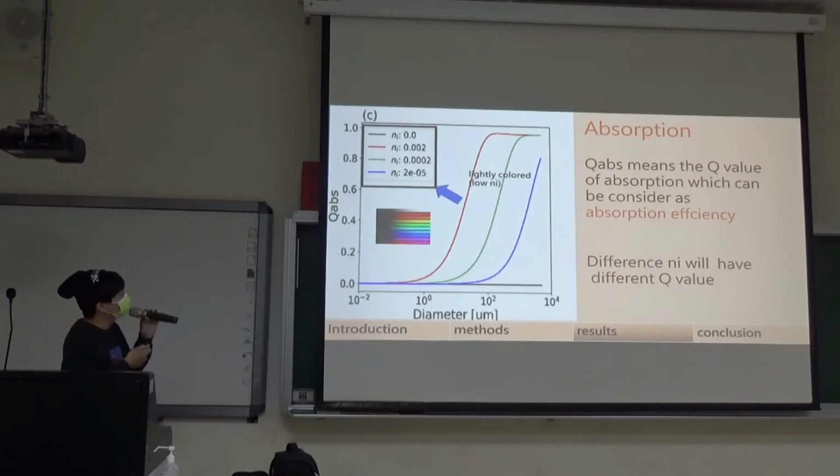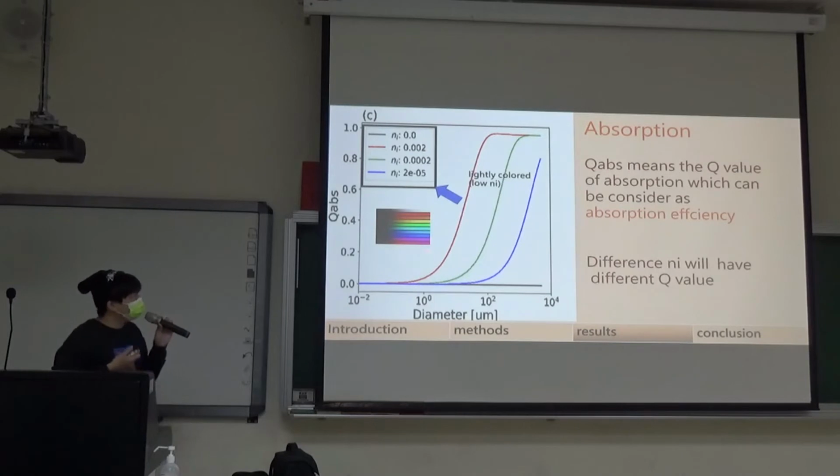For the black line, Ni is 0, which means the light is not absorbed; it is all refracted.